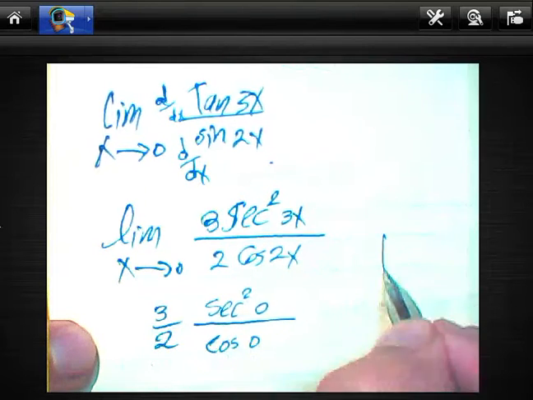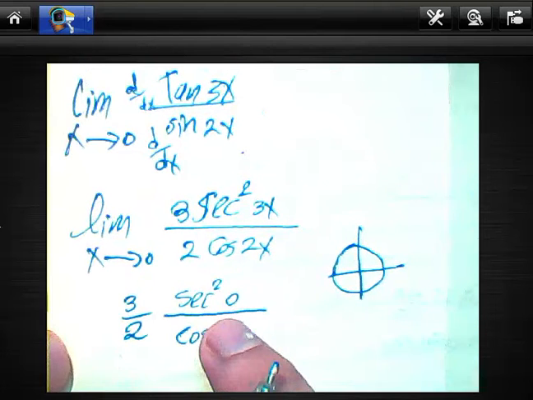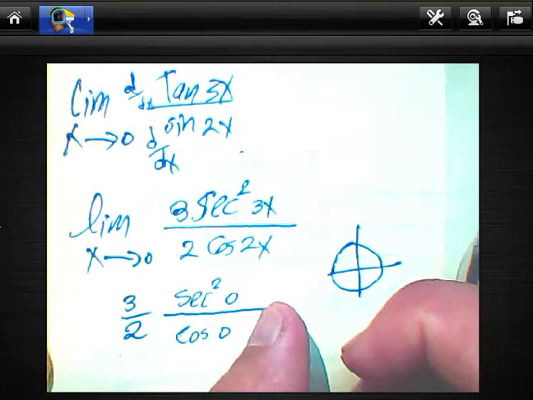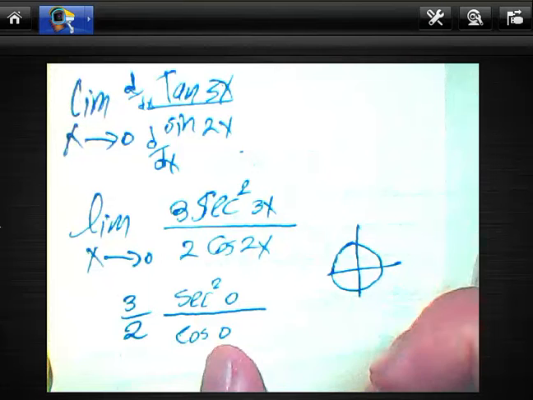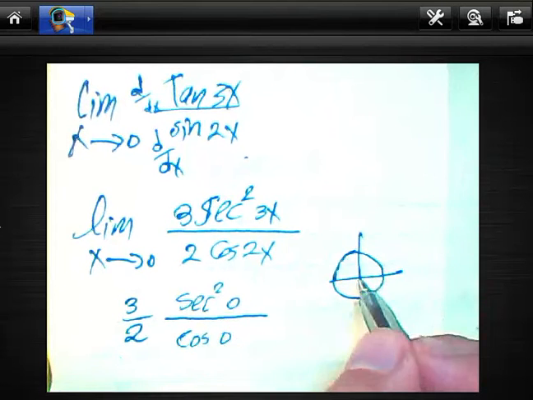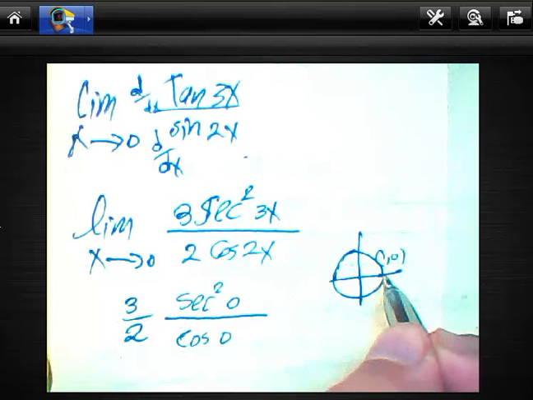We can find this from the unit circle. Look here, we know sec is the inverse of cosine, and we have cosine 0. This point is 1 and 0, so cosine 0 will be 1.